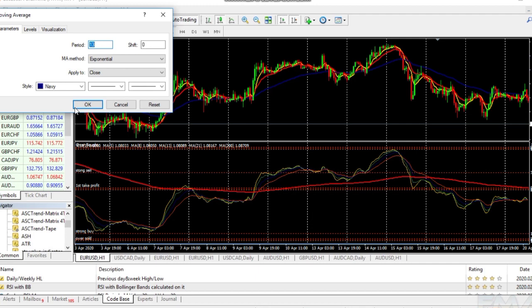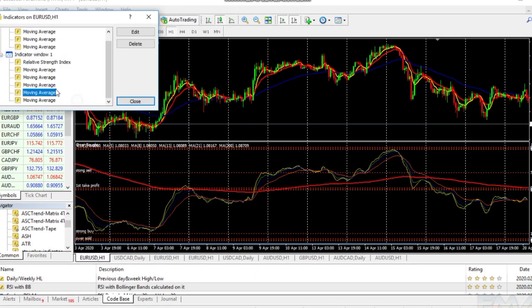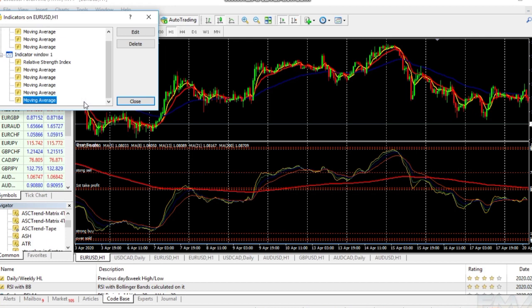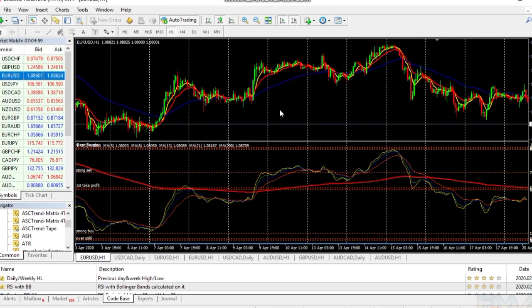I have 13 navy blue, 21 and 200. I observe that 200 is not actually necessary, but just add it. Once you're done with the settings, your chart should look like this.